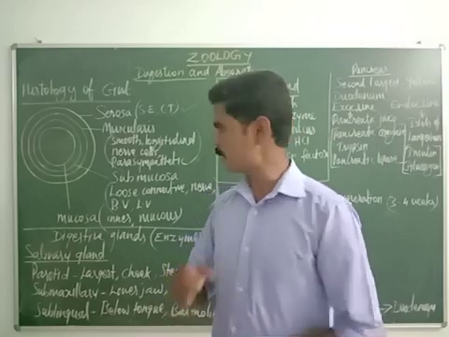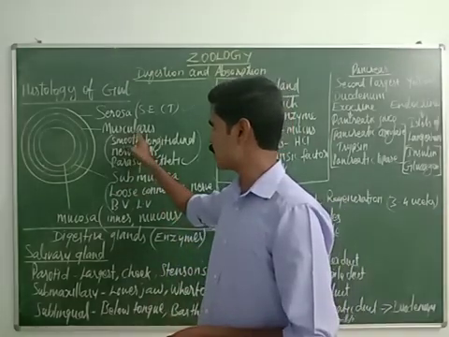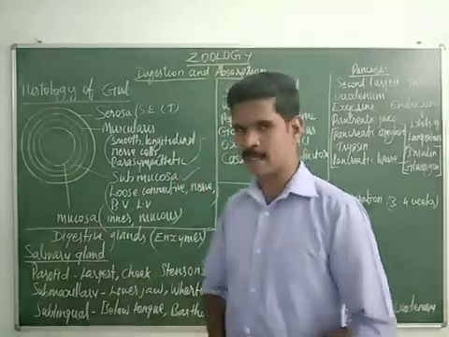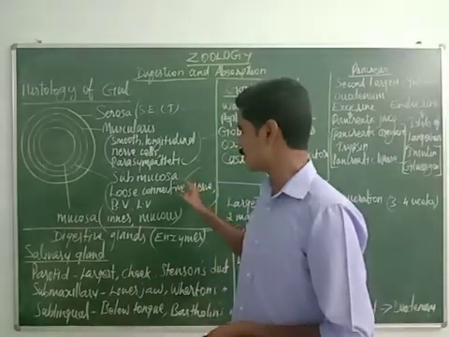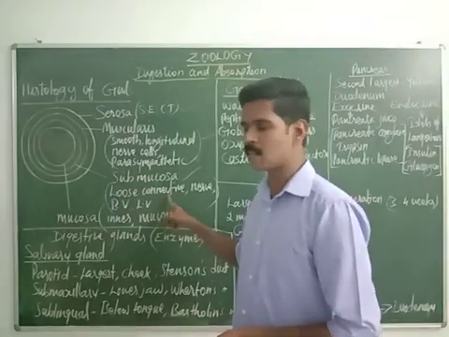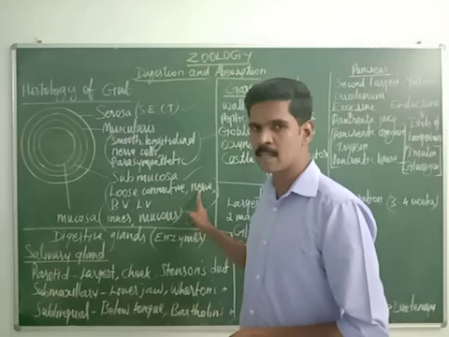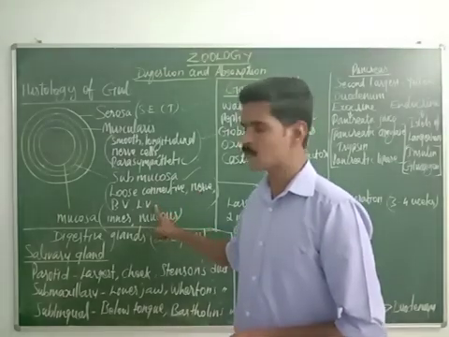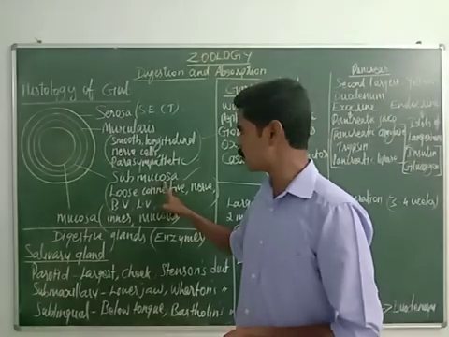Okay, dear students, next to this muscularis, one more layer is there. That layer is called the submucosa layer. This submucosa layer is made up of loose connective tissue, and it contains a large number of nerve cells, blood vessels, and also lymph vessels. So the third layer is the submucosa layer.